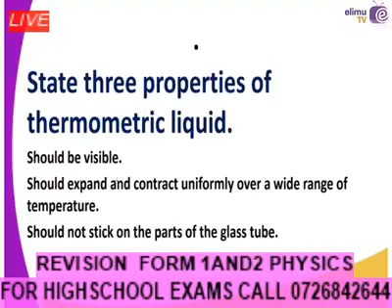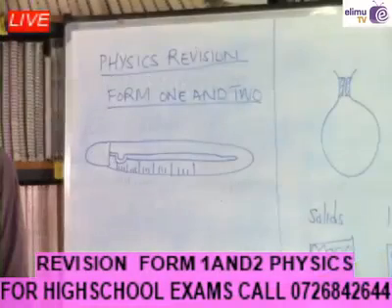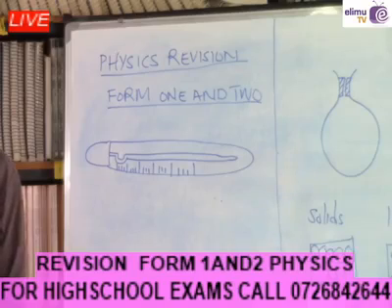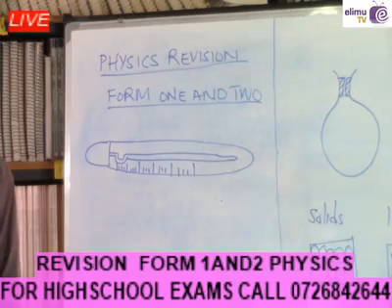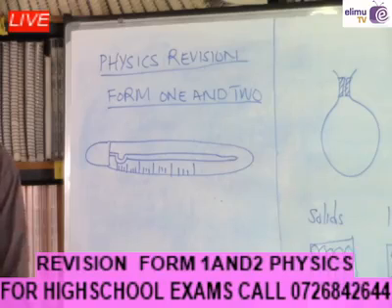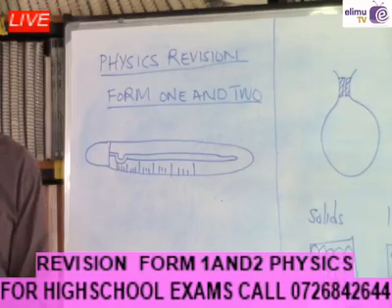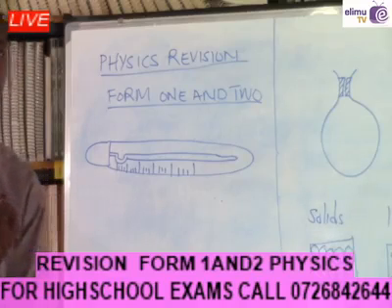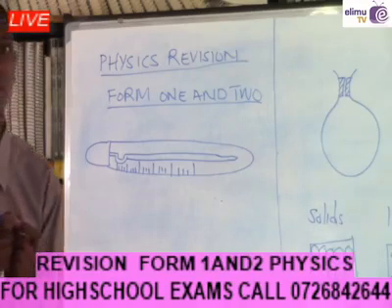Number two, mercury expands and contracts uniformly within a wide range of temperature. It expands uniformly, meaning that when you have 1 degree Celsius, it expands by a certain value.